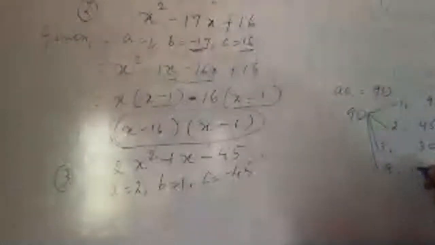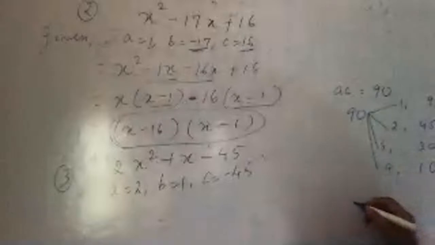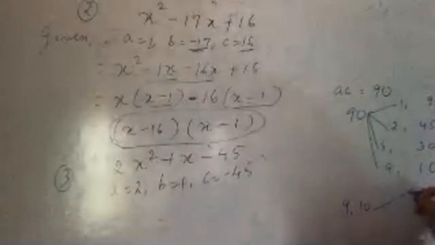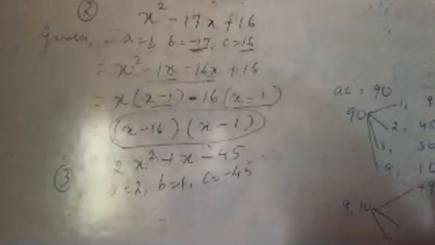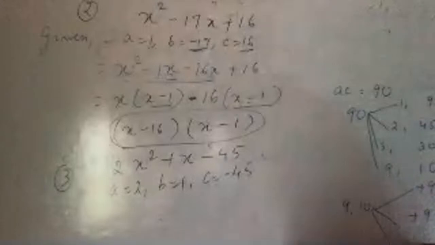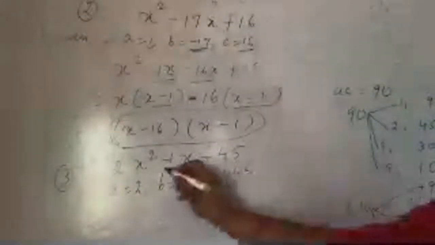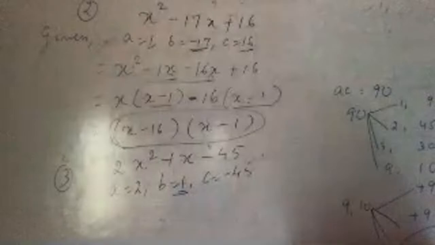You see that if 9 and 10 we are putting, then we are getting 1. But there will be plus 1 plus 10, plus 1 minus 10, minus 9 plus 10, and minus 9 minus 10. So we have to get 1. So which one we will put? Minus 9 plus 10 will be 1.